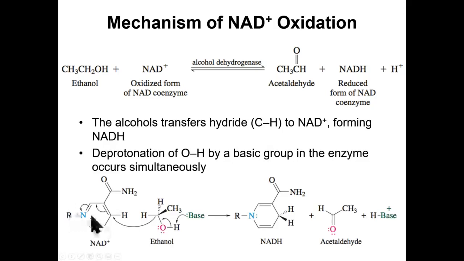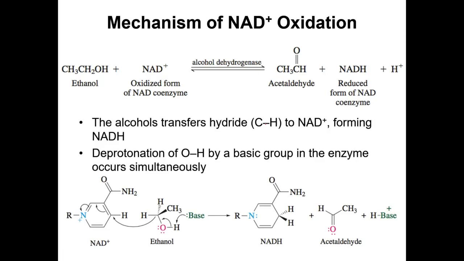Basically, because of this combination of positively charged nitrogen and electron-withdrawing carbonyl group, NAD plus wants to be reduced. So when it's carrying out its function as an oxidant, it just steals a hydride.